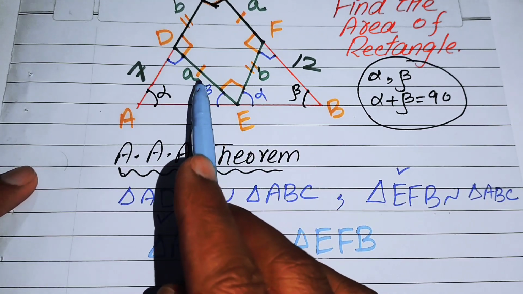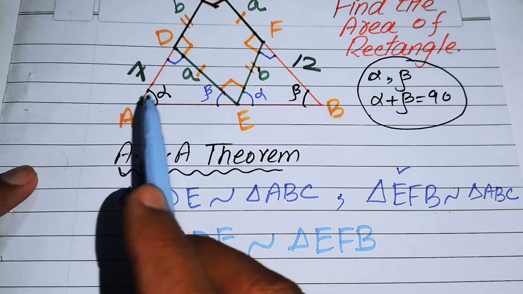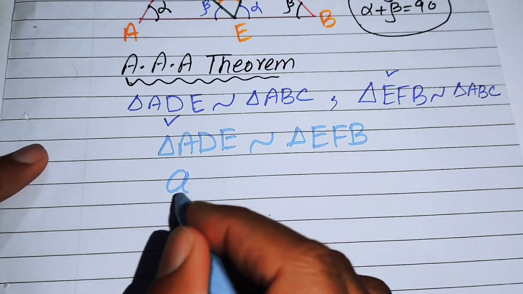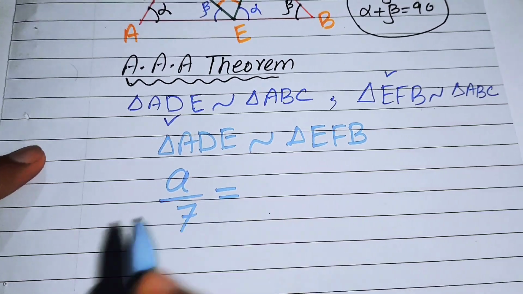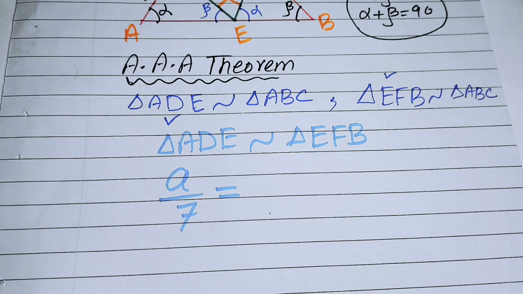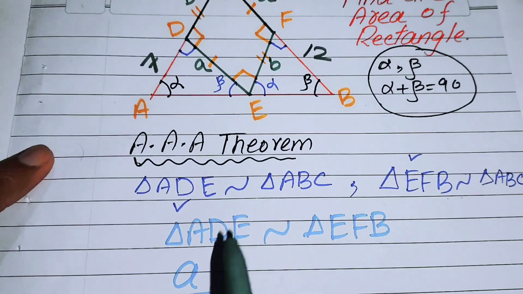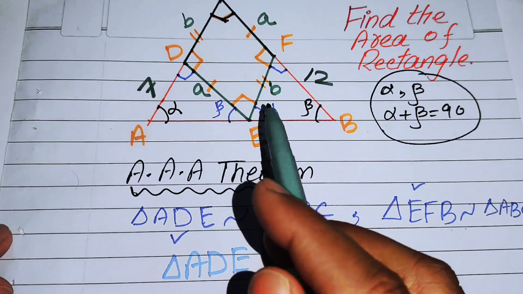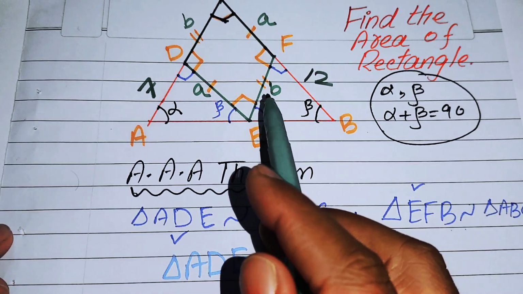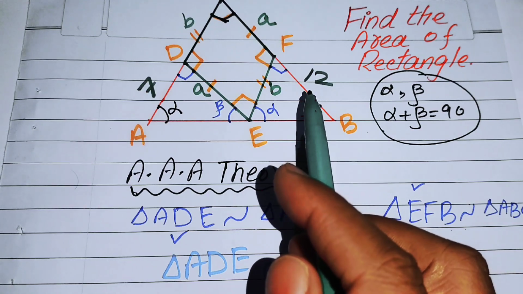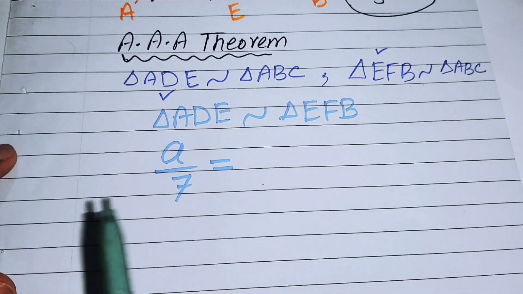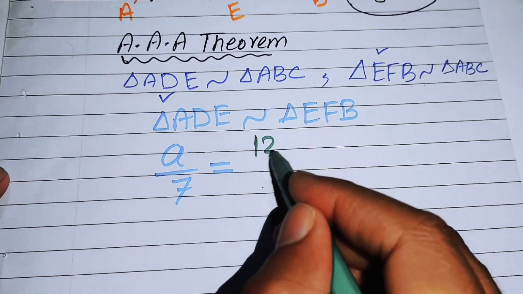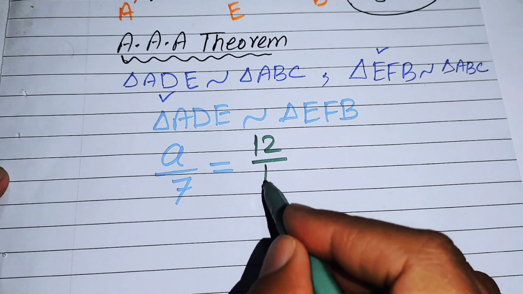One side length of the smaller triangle ADE is A and the other side length is 7. So the ratio is A over 7, which equals the ratio of the other two sides of triangle EFB. The side length of this triangle is B and the other side length is 12, so its ratio is 12 over B.